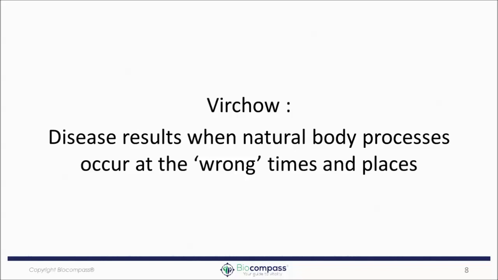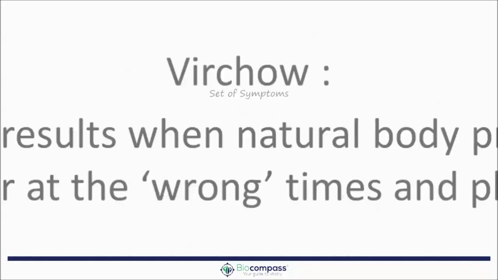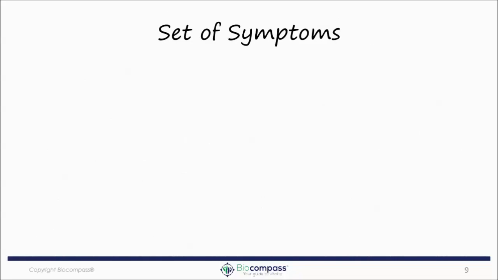And what I really like about this definition is that it's the natural bodily processes. So the other thing that we need to take a look at is a set of symptoms, or something called a syndrome. A syndrome is a collective set of symptoms grouped together to create a new name.